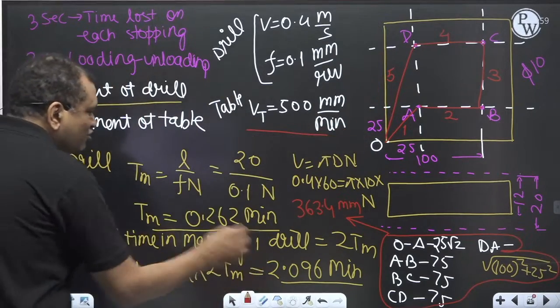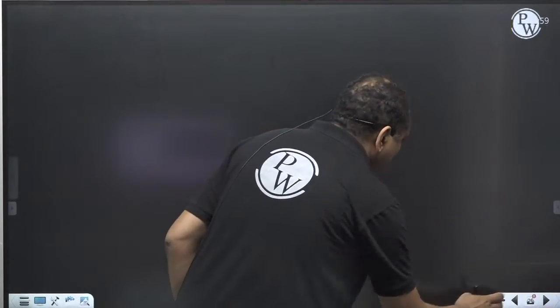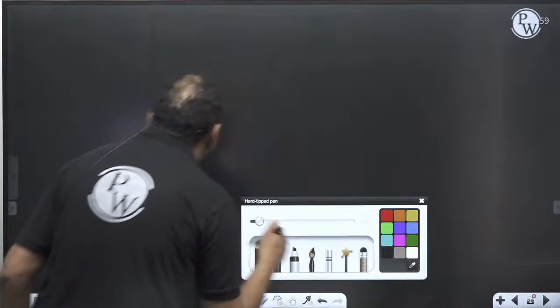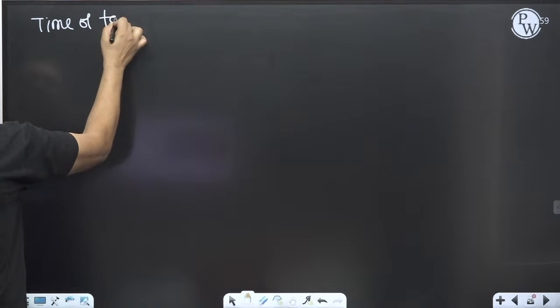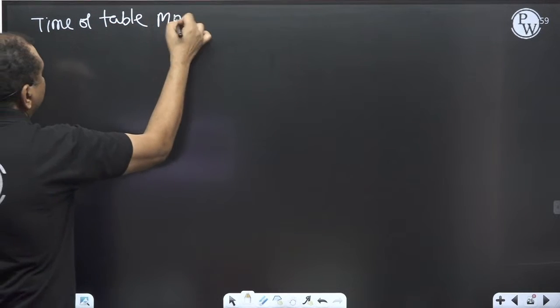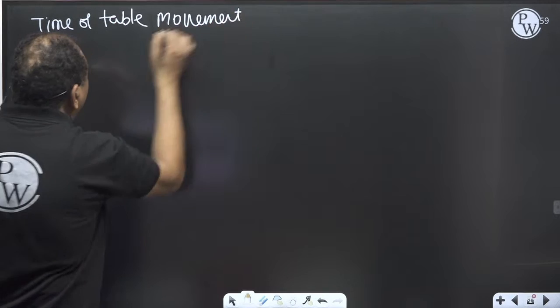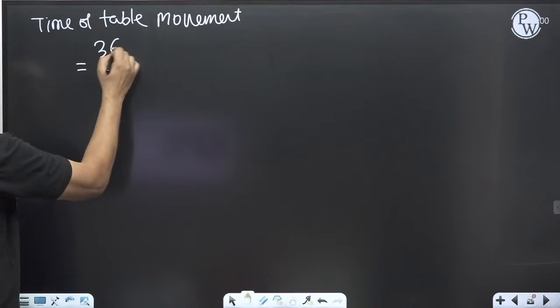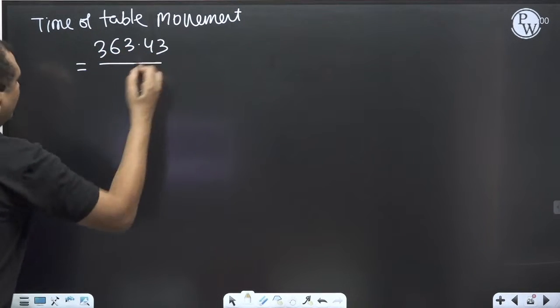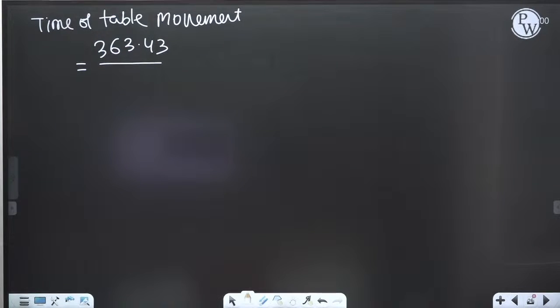Time to drill the hole is 2.096. Now the time of table movement is 363.43, and the table speed is 500.